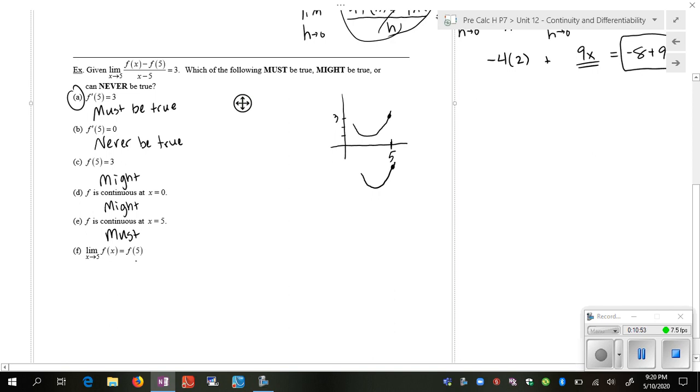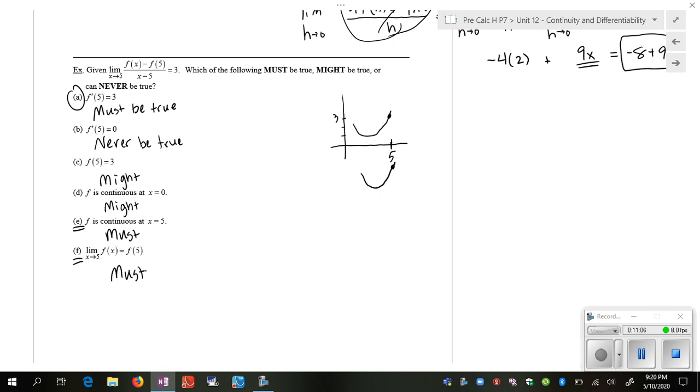That was the basic definition of continuity. So if this we said was a must, then this is also a must. Kind of tricky. Really trying to dive into the understanding of the language on that one.